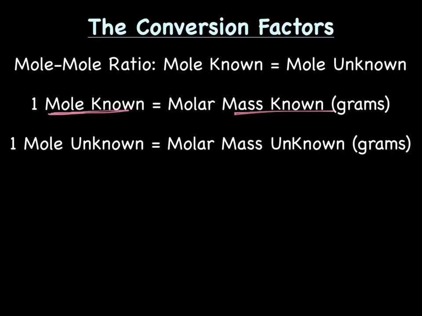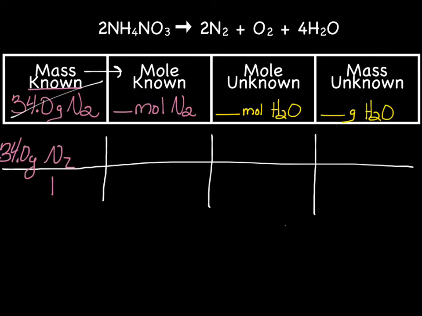So we're going to be using 1 mole known equals the molar mass of known in grams. So again, the equality we're going to be using is 1 mole of the known equals the molar mass of the known. So we have 1 mole of the known, which again, our known is N2.